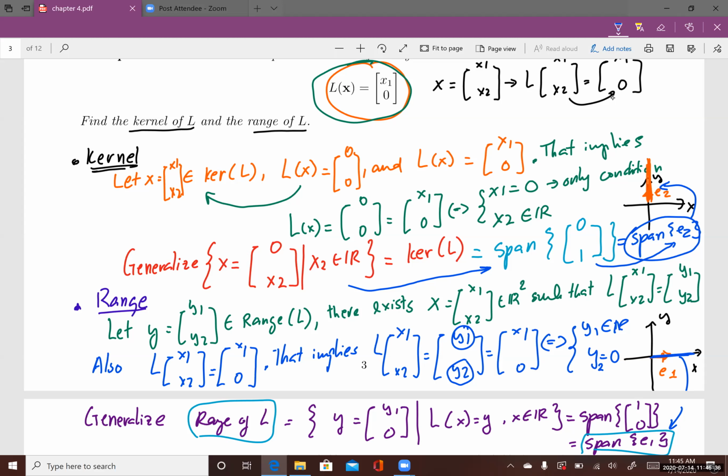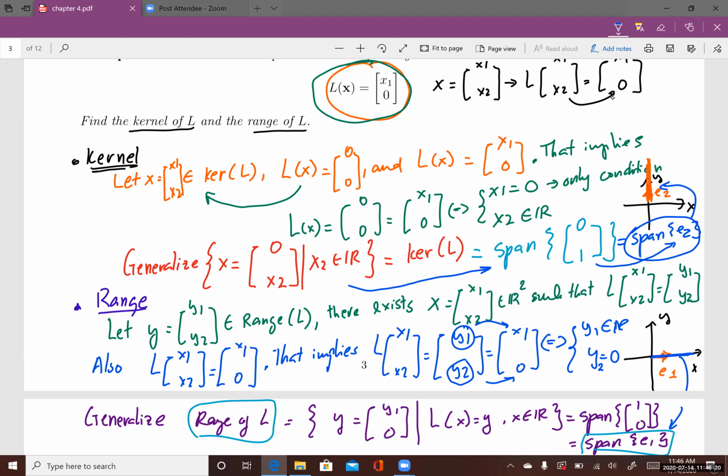Similarly, to find the range of a linear transformation, you call out a generic or arbitrary vector y in the range. By the definition, you have to come up with a vector x such that Lx equals y. Using the linear transformation description, you know that Lx equals x1, 0. So the only condition for vector y is that y2 has to be 0 and y1 can be anything, because y1 is just x1, which is a real value.